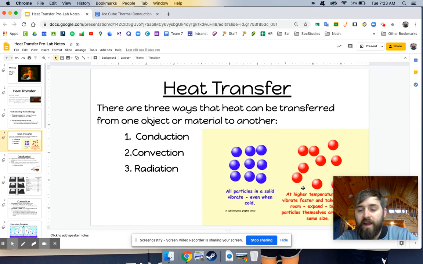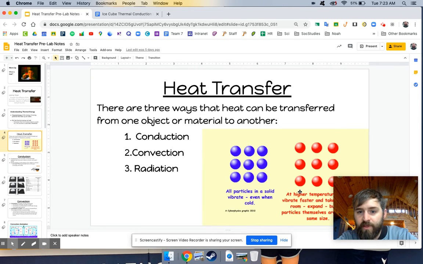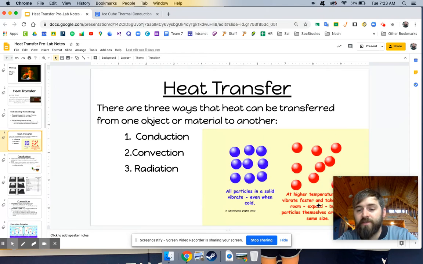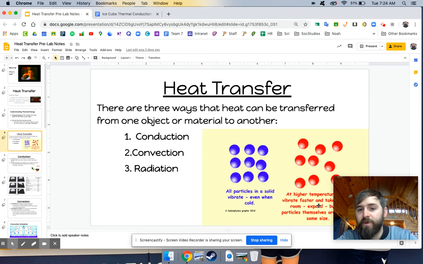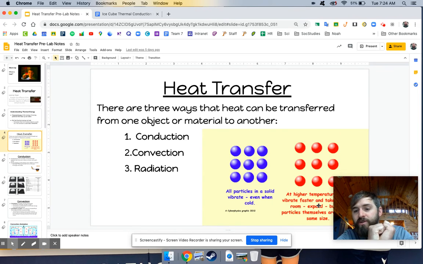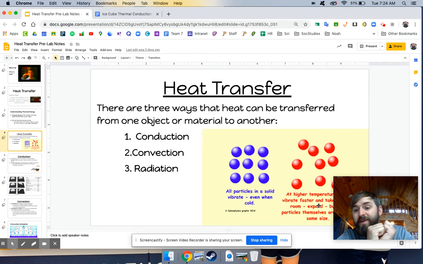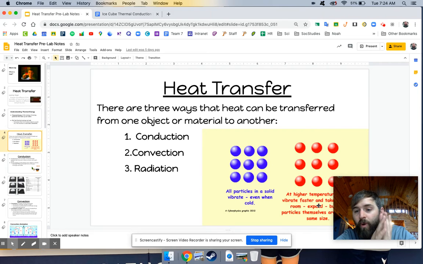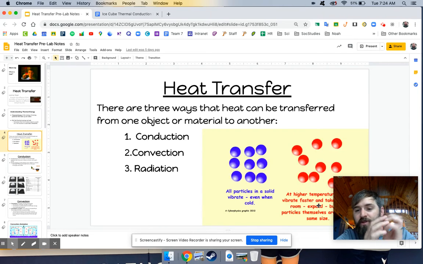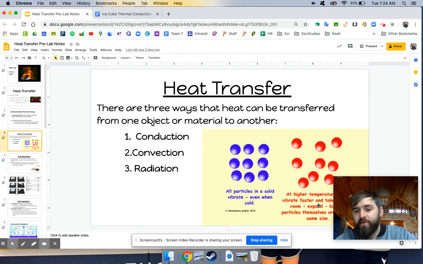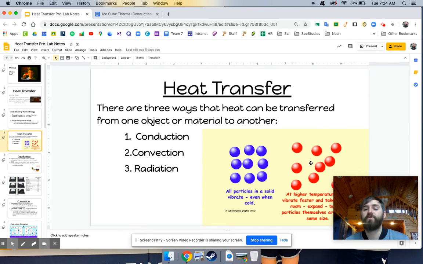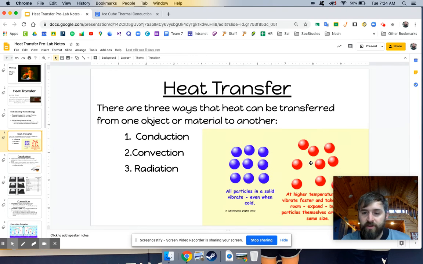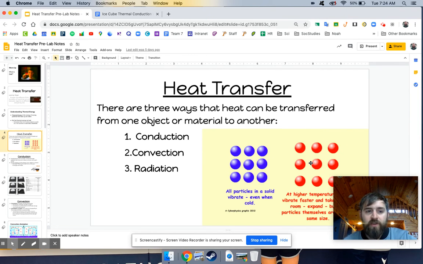When things are at a higher temperature, they vibrate faster and take up more space. If you think of food that you're trying to preserve, you keep it cold so that those particles don't move as much and they're closer. When you freeze water, it's cold with small particles, and when you heat it up, when you're boiling water, it's going to go crazy and move fast. That's the moving, or the kinetic energy, part of heat.